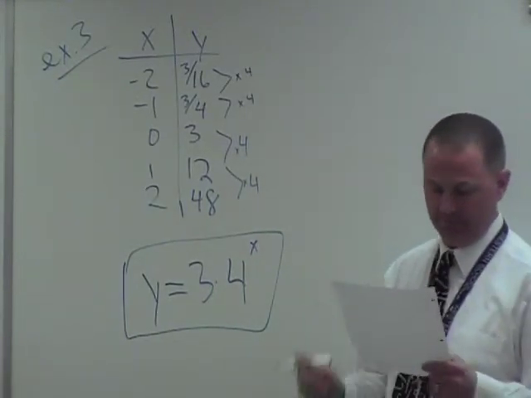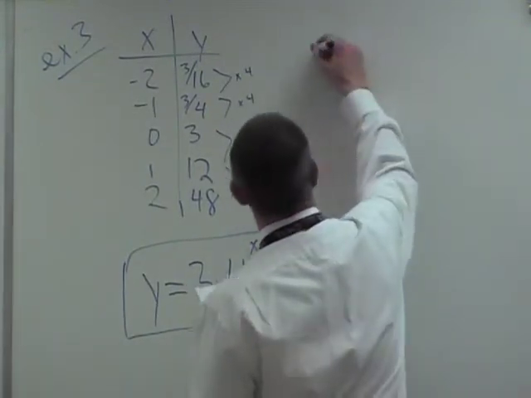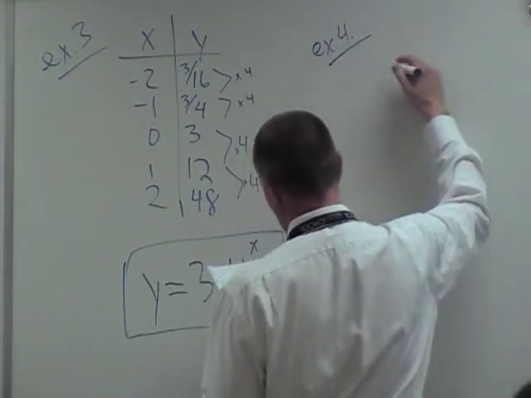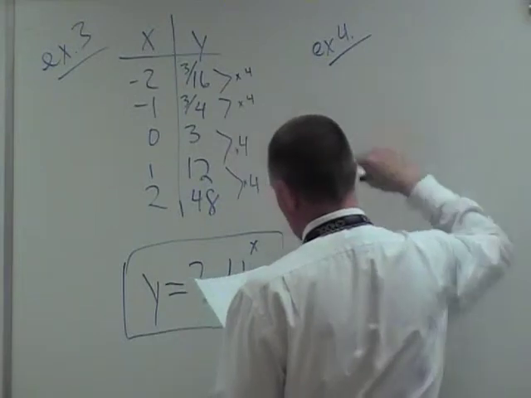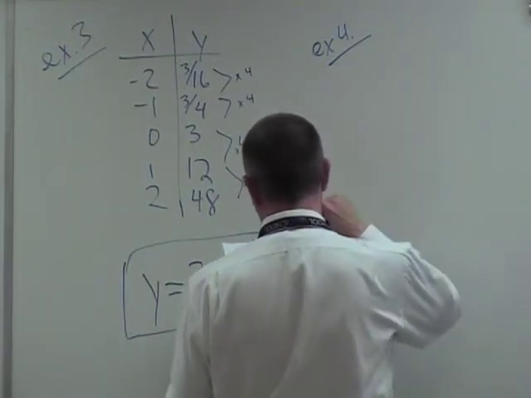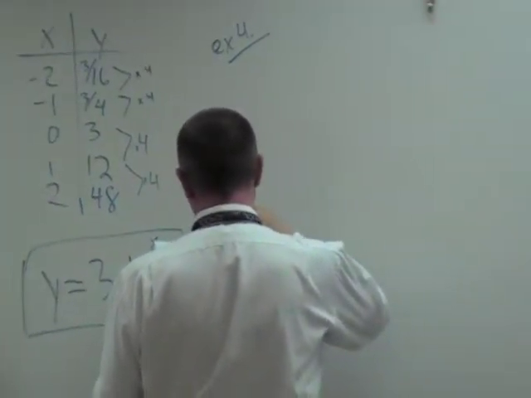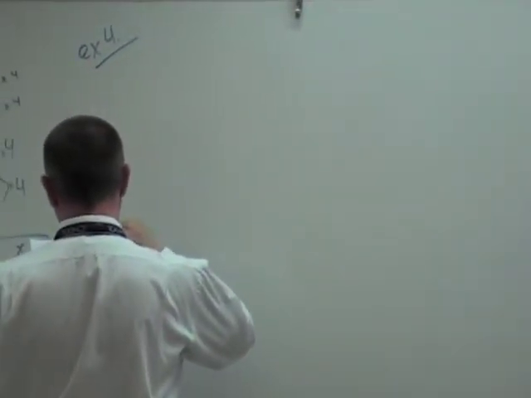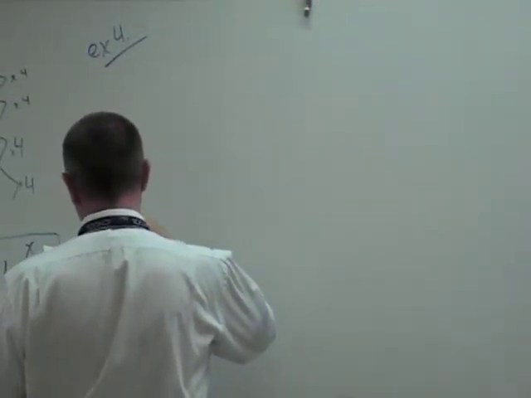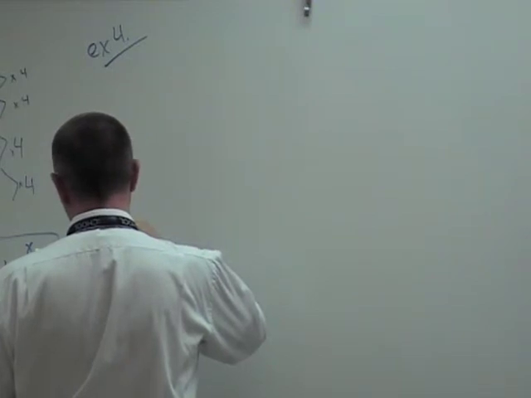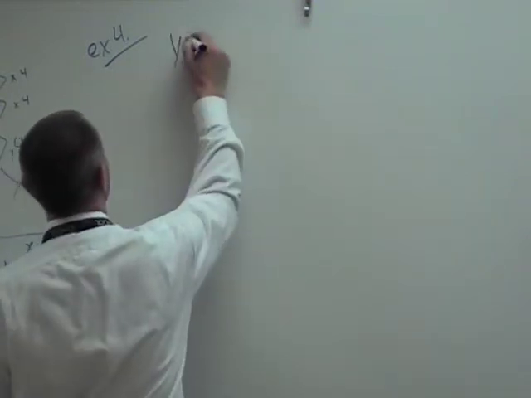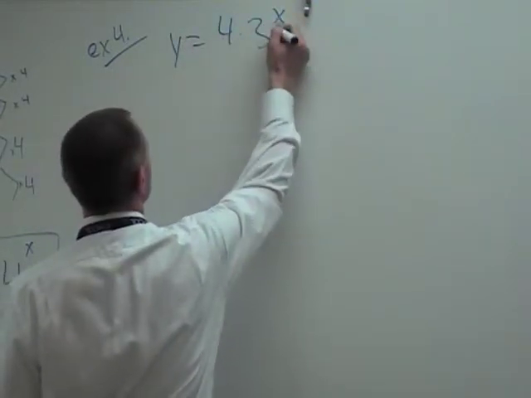We good? All right, 3 more examples. Example 4. Graph and identify the domain and range. So we're going to take this, y equals 4 times 3 to the x.